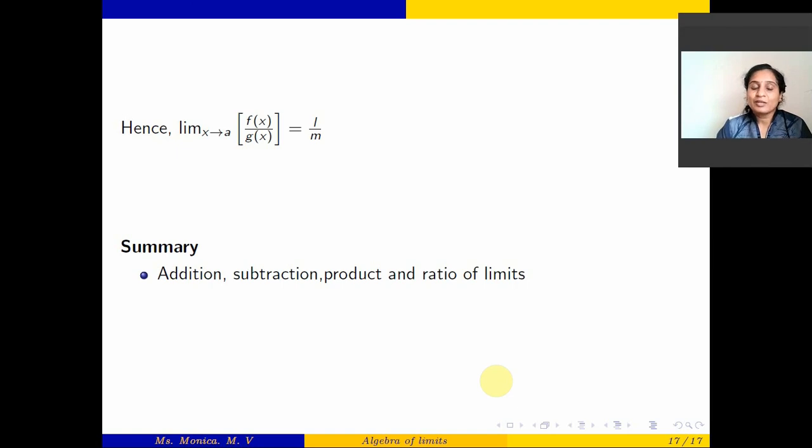So as required in the proof, we have changed the epsilon and delta very minutely, so that at the end we are left with one delta and one epsilon. I hope you have understood the proof of all these 4 parts: addition, subtraction, product and the ratio of the functions, how to take the limit.